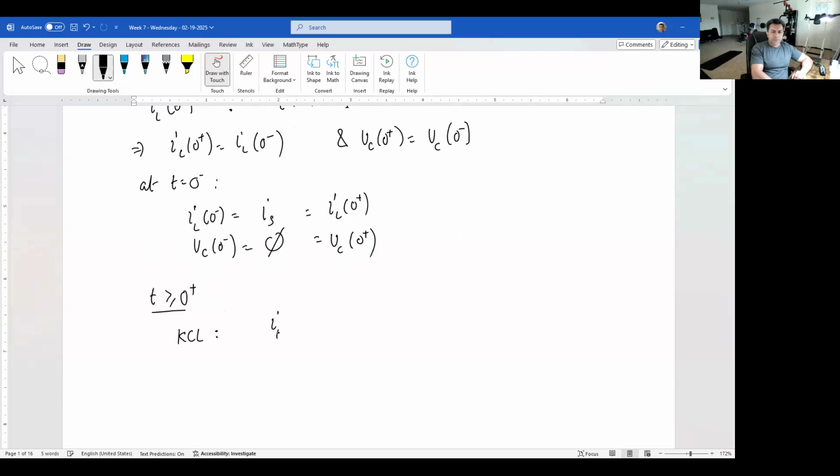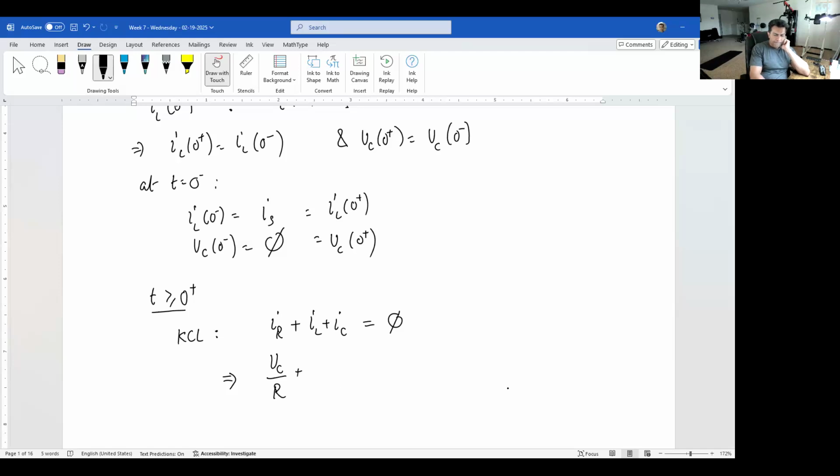We have the current passing through the resistor, inductor, and capacitor equal to 0, because the source current is out at t equal to 0. Okay, now the resistor current can be defined using Ohm's law: Vc over R. Vc is the voltage across all three components.